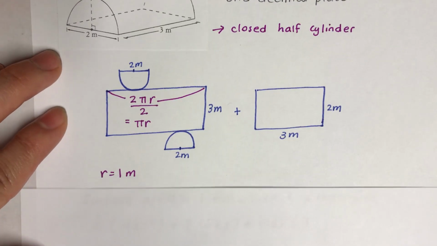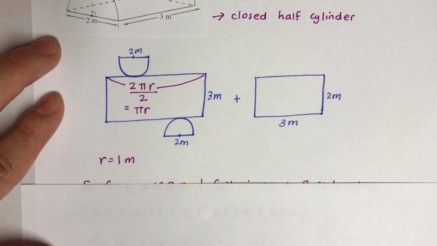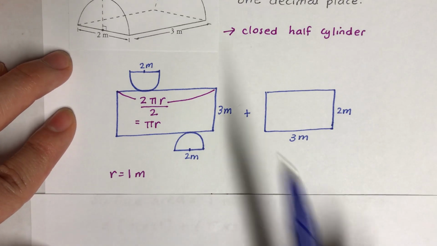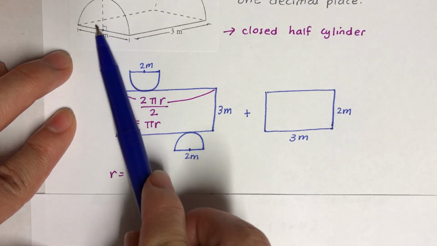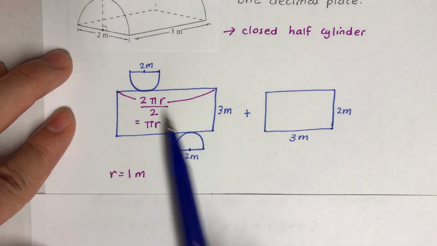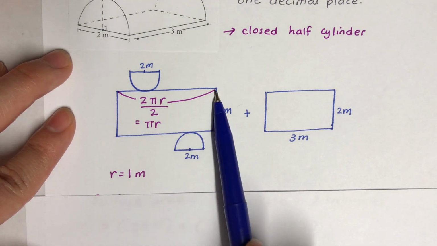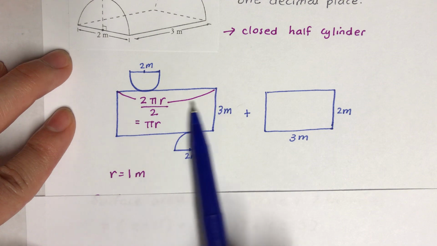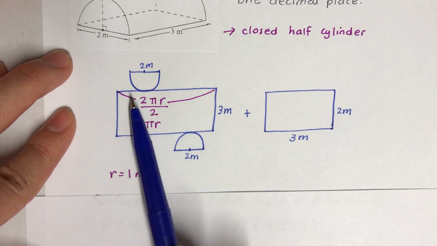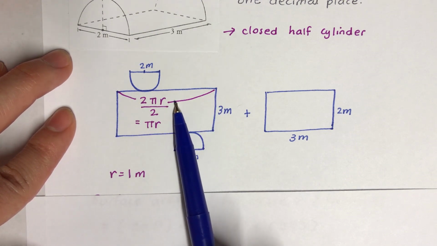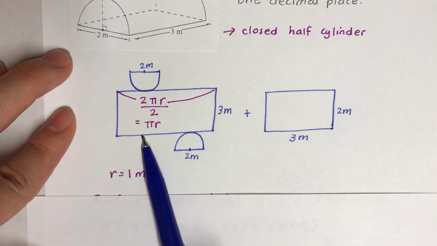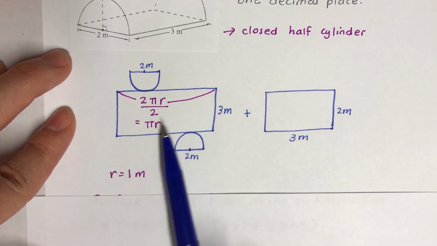So I'll put that in. The radius is 1 because that's a diameter, and half of that is 1 meter. Now remember, because it's a semicircle, your circumference is not the full 2 pi r. It's actually half of that, which is just pi r.